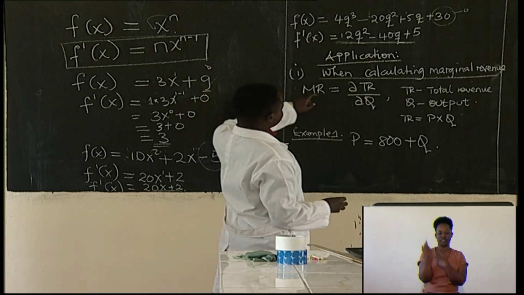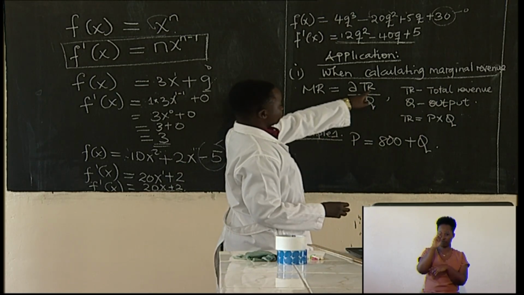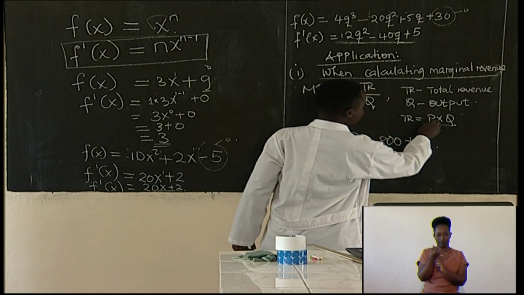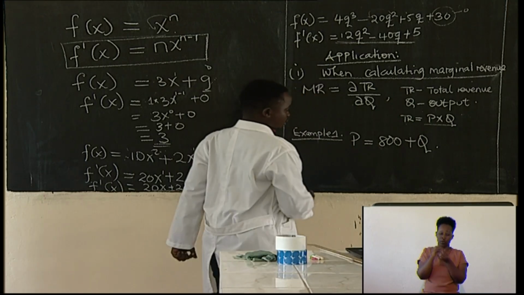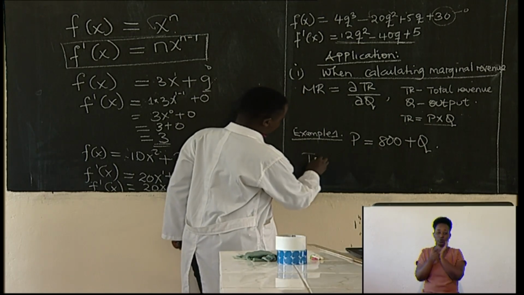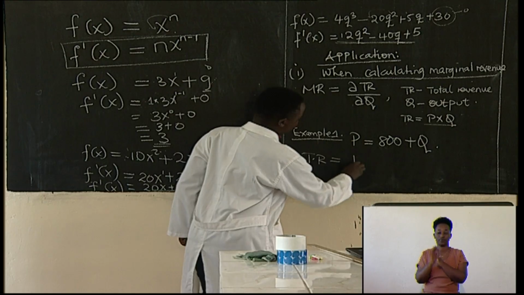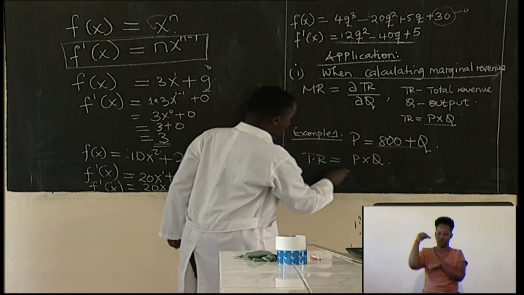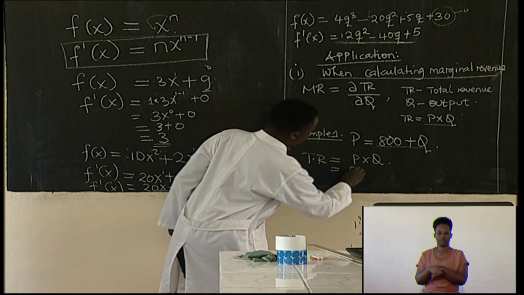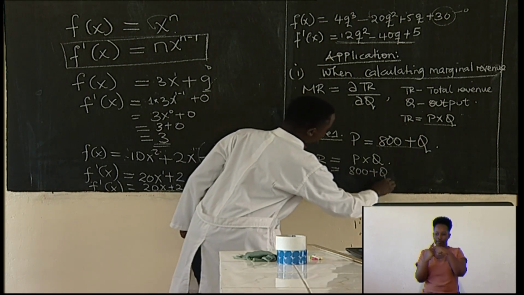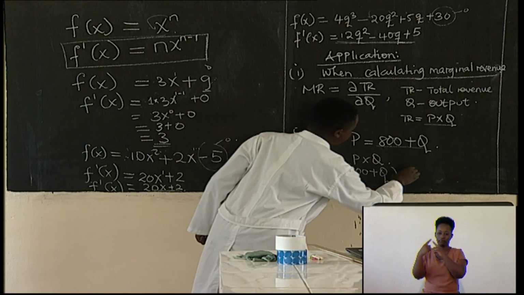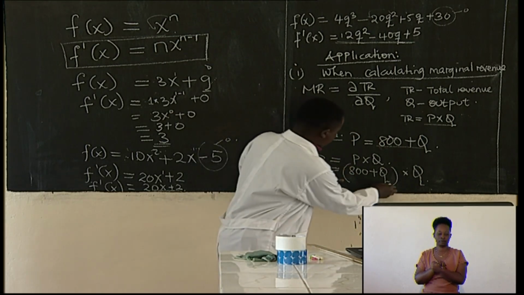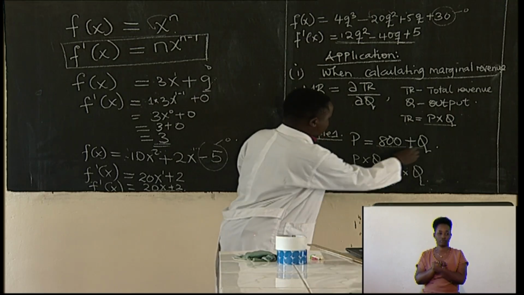They want us to find the total revenue function, because remember, to get the marginal revenue, you must have the total revenue. So how do we get it? From this formula, we know that total revenue is price times output, or quantity. So our total revenue equals price times output. This is your price, 800 plus Q, then you multiply by Q. This is a matter of substituting.